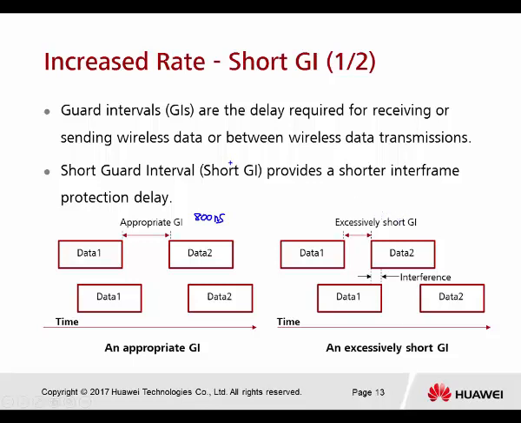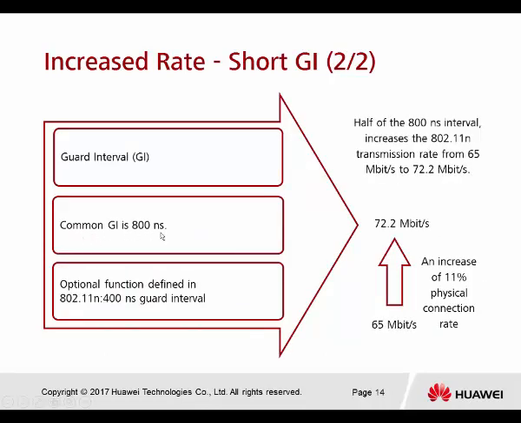When we enable the short GI, you are going to reduce the gap, the timer, before you can send the next data. Now it only requires 400 nanoseconds. So you don't need to wait 800 nanoseconds in order to send your second data. So the faster your forwarding speed. The common GI is 800 nanoseconds.